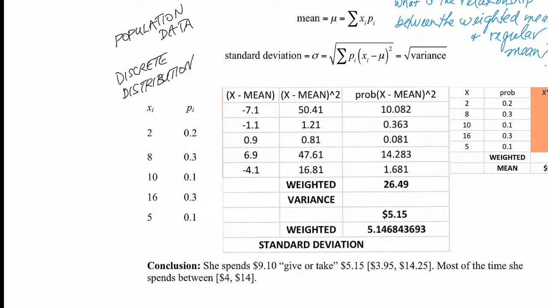So most of the time she spends between, if you do the math, between $4 and $14, I rounded it up. That's one standard deviation.